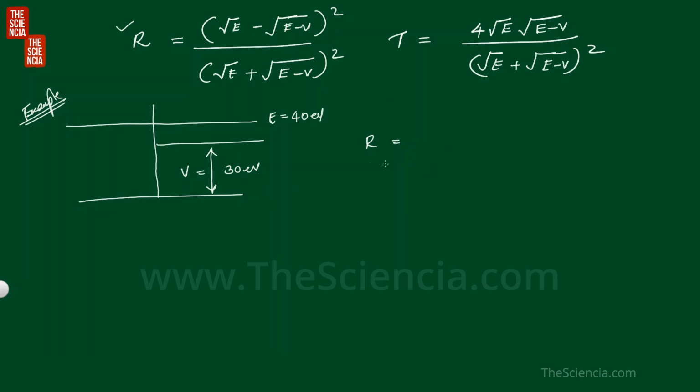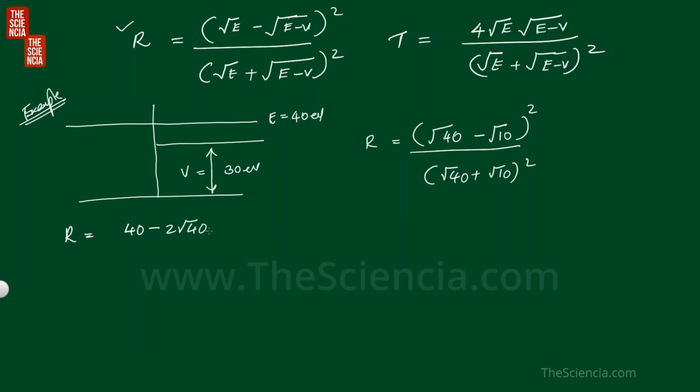Root E, that is root 40, minus root of E minus V, that is 40 minus 30, root 10, all squared, divided by root 40 plus root 10 all squared. Taking the square, we get R equal to 40 minus 2 root 40 into root 10 plus 10 by 40 plus 2 root 40 root 10 plus 10.